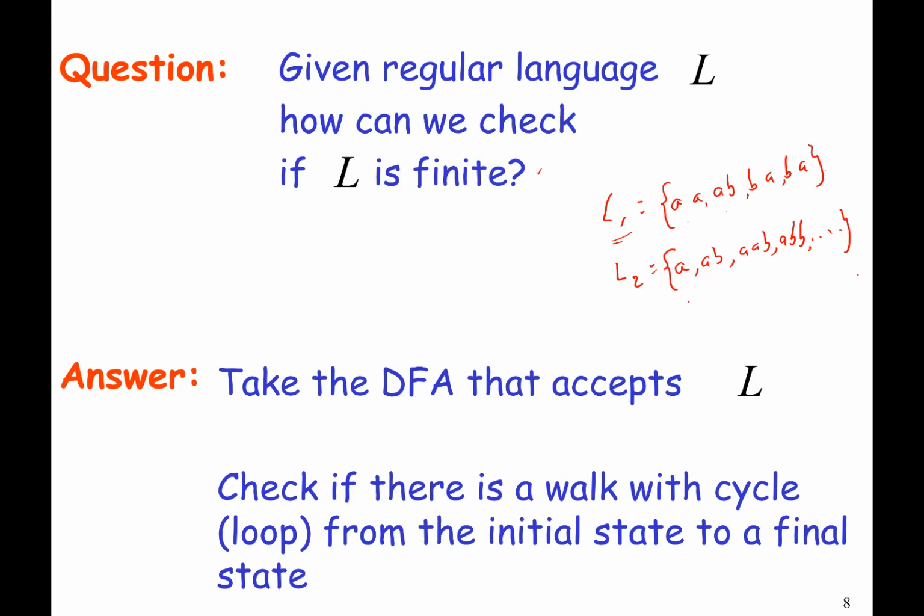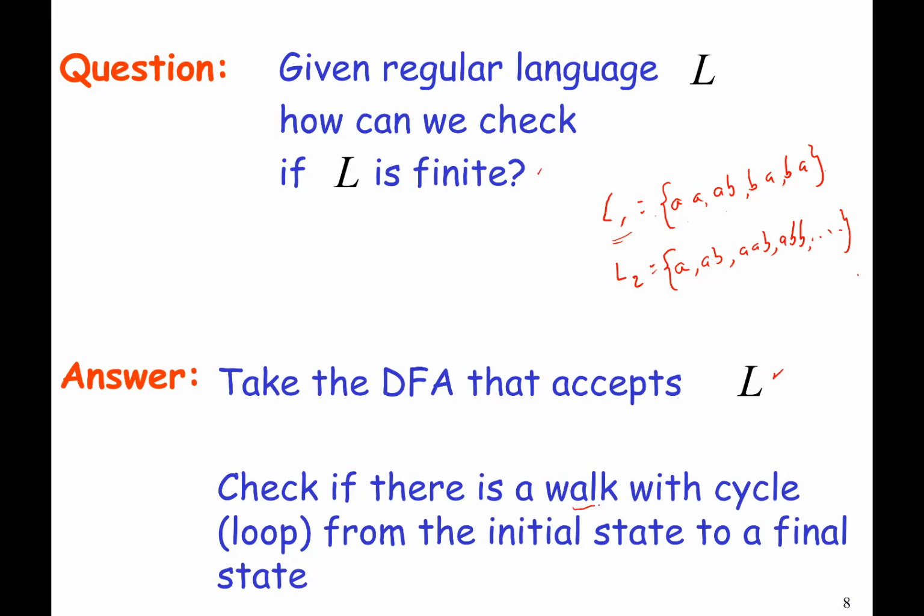Both of them are regular. So how do you find out if a given language L is finite or infinite? Sometimes it is given as a regular expression, so it's not easy to look at the set and say it is finite. So the answer is: construct a DFA for the language L and check if there is a walk with a cycle.